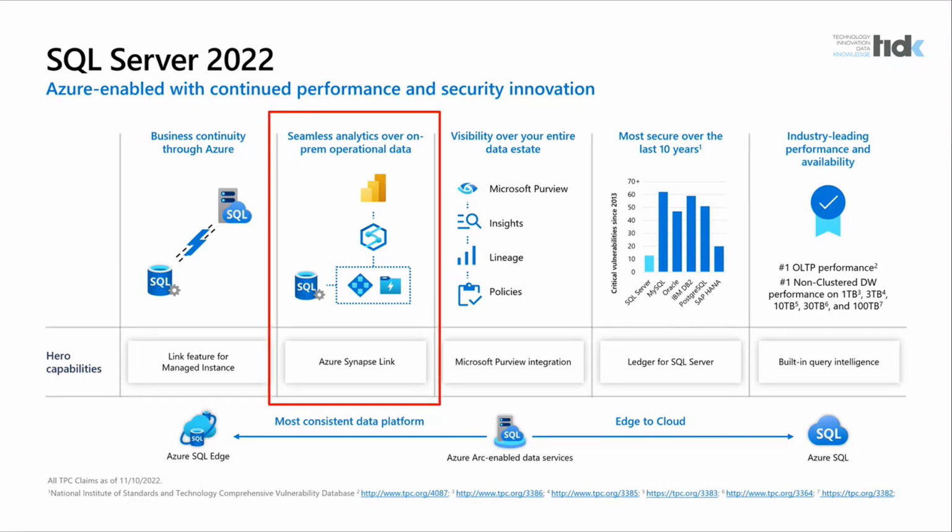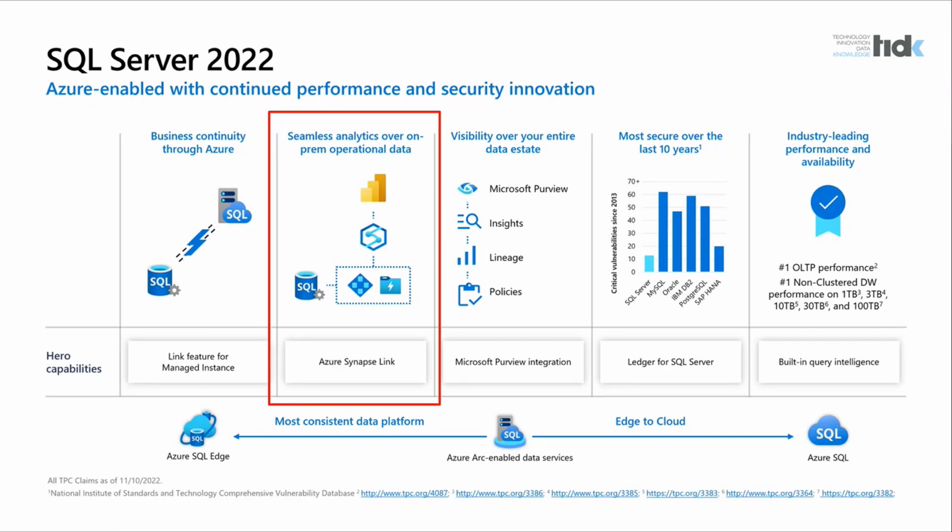I will not go through all of the new features, but just point out where Azure Synapse Link is in the whole landscape of new options in SQL Server 2022.